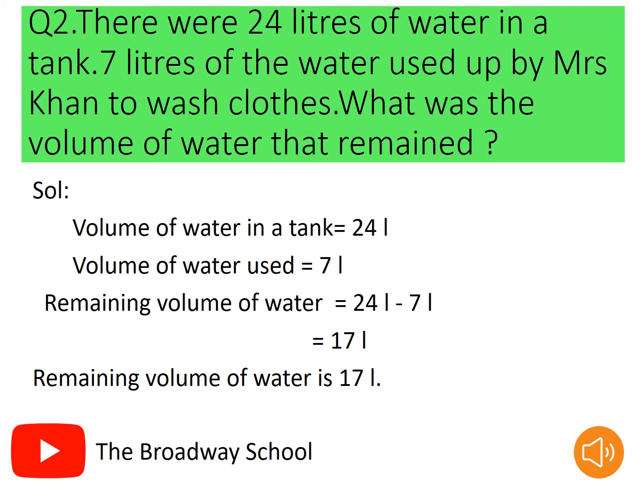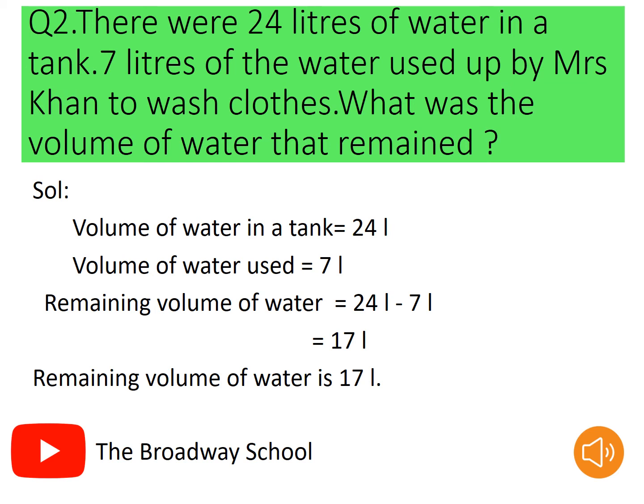So 24 liters total water in the tank, and 7 liters of water is used. When we subtract 7 from 24, definitely we will have the total volume of remaining water. Write your statements. Your first statement will be volume of water in tank is equal to 24 liters.